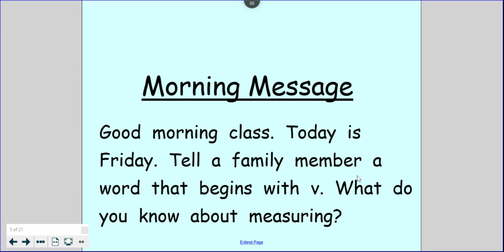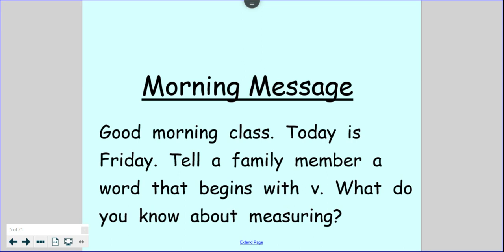I have another question in our morning message. This says, what do you know about measuring? What kinds of things can you measure? Maybe you've measured at home when you're baking some cookies with someone in your family, and you measure how much flour you need, and how much oil you need.